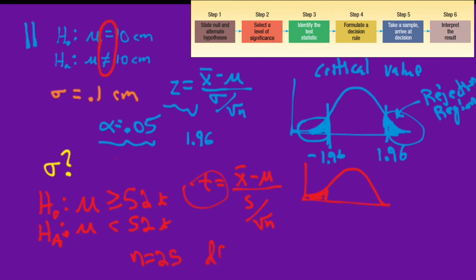Then we know that degrees of freedom is going to be n minus 1, so we're looking for 24. And so we can turn to the t-table. In the case of the z, we're getting pretty familiar, and we can rattle off 1.96 or 1.645 likely. But for the t, we're going to need to reference the table, and you can verify this.